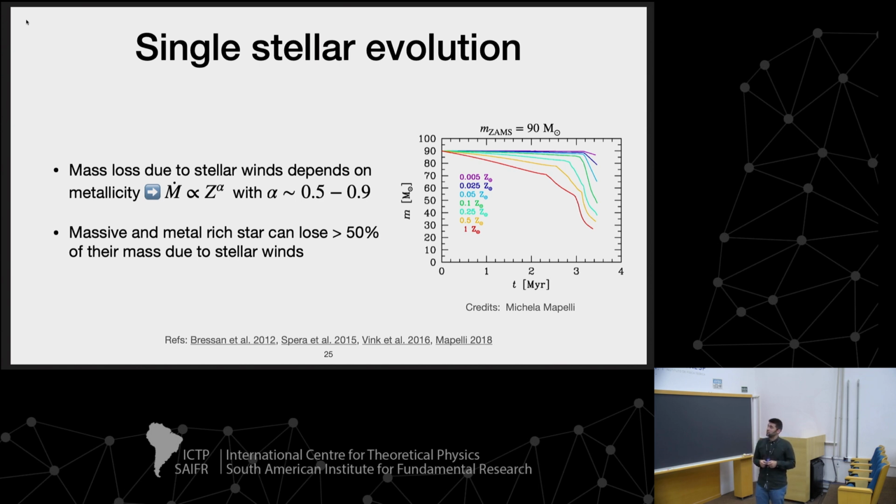But what I want to tell you is that massive and metal-rich stars can lose up to 50% of their initial mass due to stellar winds, and this is something you can see in this plot. They took a massive star, a 19 solar mass star at the zero age main sequence, the same star with different metallicity.